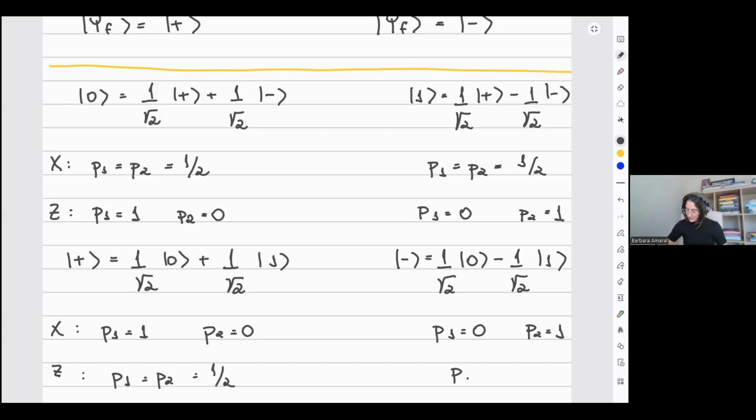And here the same thing. Okay? Very simple, but very important. This is the soul of the cryptography protocol we're gonna see in a minute. Okay? Questions so far?